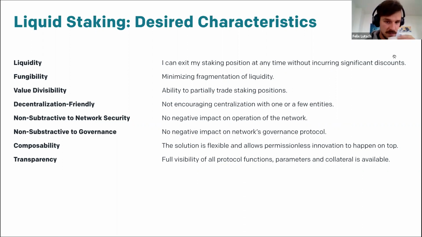And then the final thing is about visibility of all protocol functions, parity as a collateral. So this is basically the idea: I should know what collateral is in this solution, how it works, what the parameters are that they set, like over-collateralization ratio and so on, so that anyone observing the whole thing can get an idea of how risky this is. Okay.